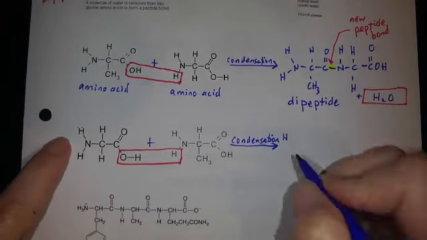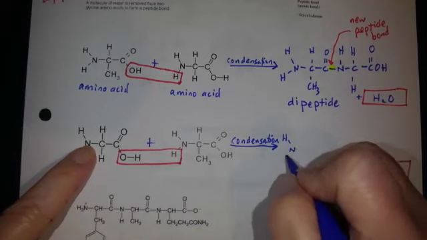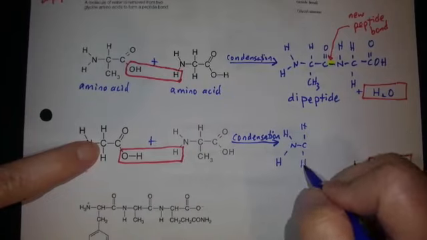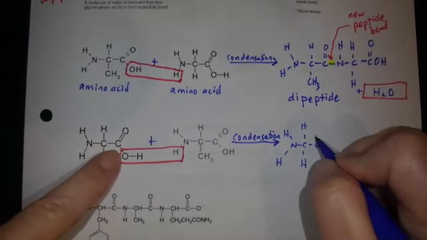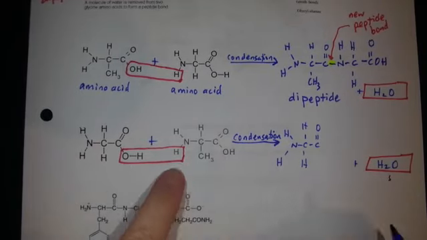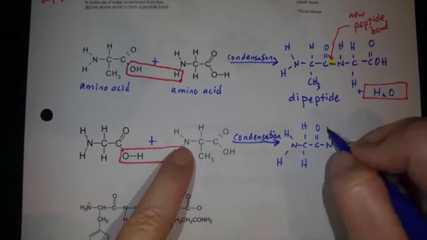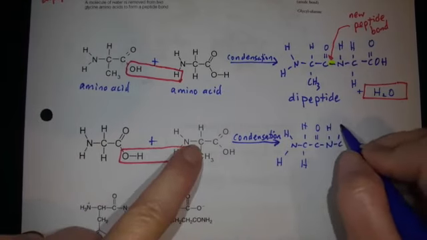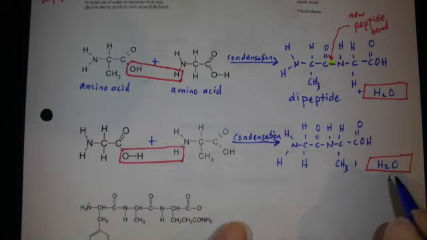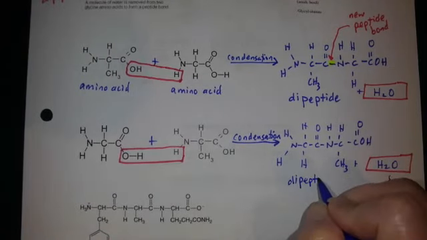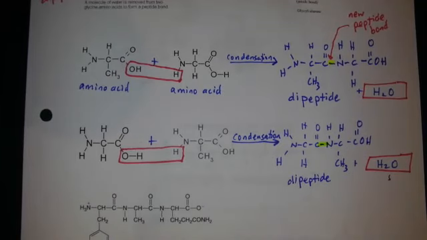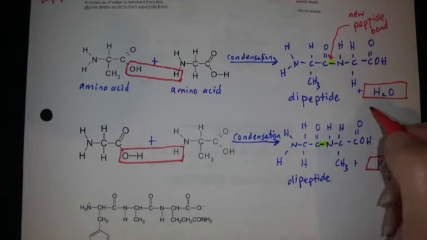So this was H H N, so nitrogen with 2 H's, connected to a carbon with 2 H's, and that's connected to a carbon with a double bond O. But after that, the O is gone, the H is gone, that H is gone, and now we are connected to a nitrogen with 1 H, a carbon with an H and a methyl, and then the carboxylic acid. So this is our dipeptide. And if we want to, we can highlight that peptide bond. That's the new peptide bond.